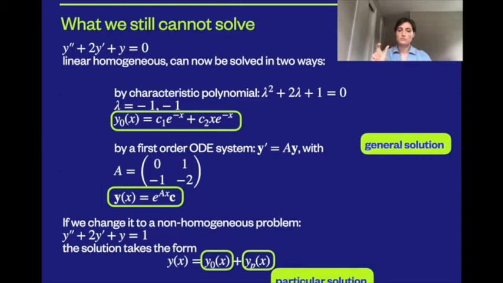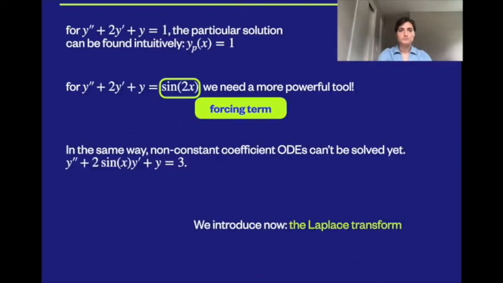That is a term that fits into our equation just so to take care of the non-homogeneous part. For the equation that I randomly wrote, the particular solution can be found quite straightforwardly, because adding a constant to our solution, the constant 1, fits nicely.